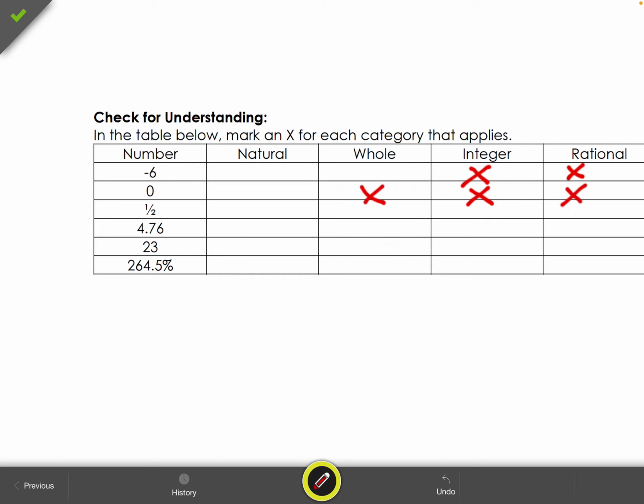So I'm going to put an X there. 1/2. Well, 1/2 is one of those tricky ones because it is a fraction. It would not be natural, whole, or an integer. However, we know that it can be written as a fraction because it already is a fraction. So I'm going to mark an X for rational.